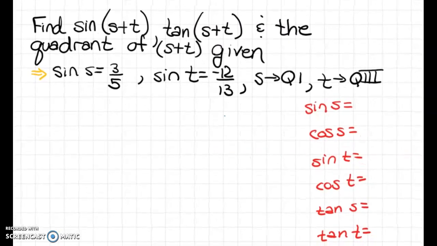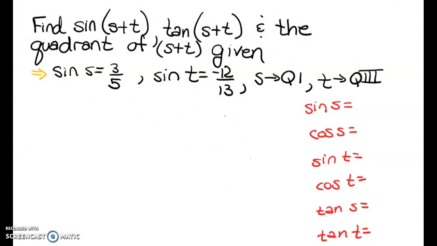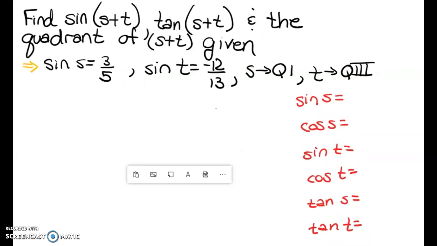Okay, so now we're going to move on to the next type of problem you'll see on your homework. We're going to find the sine of s plus t and the tangent of s plus t, and from the sine and the tangent, we should be able to determine what quadrant s plus t is in. All of the formulas for the sine and tangent of s plus t require the sine of s, cosine of s, sine of t, cosine of t, tangent of s, and tangent of t.